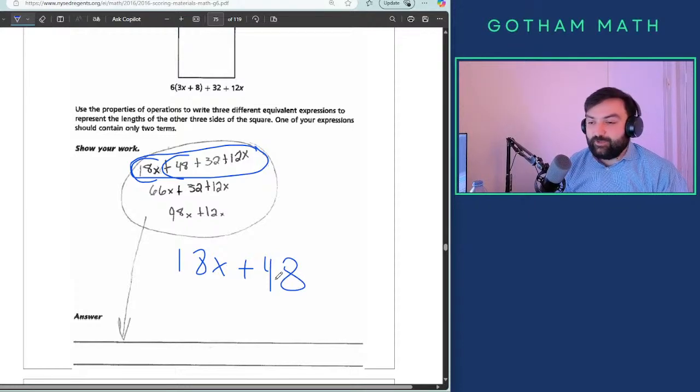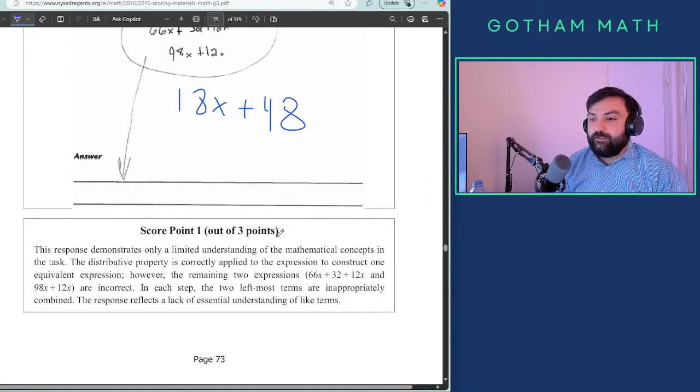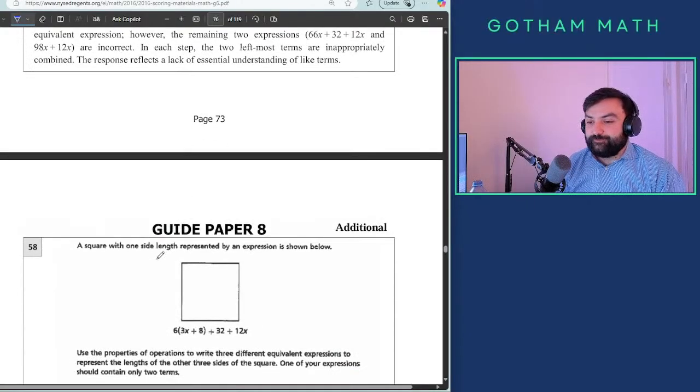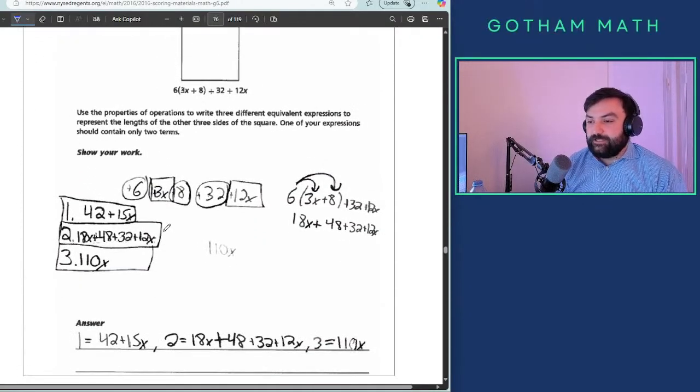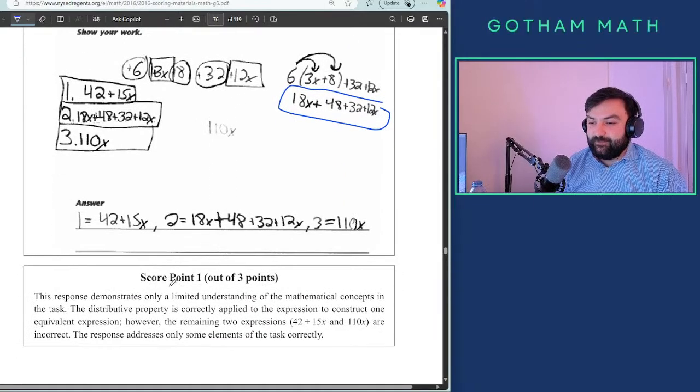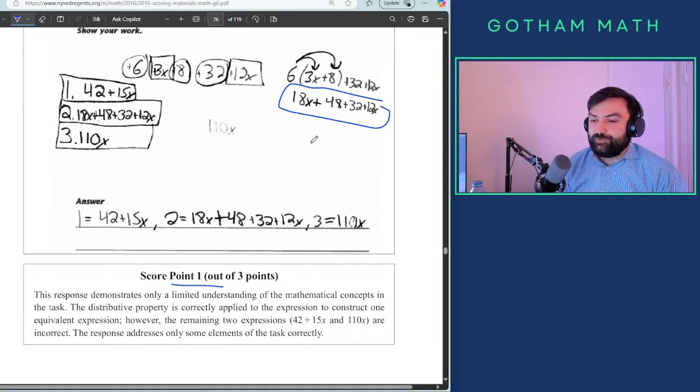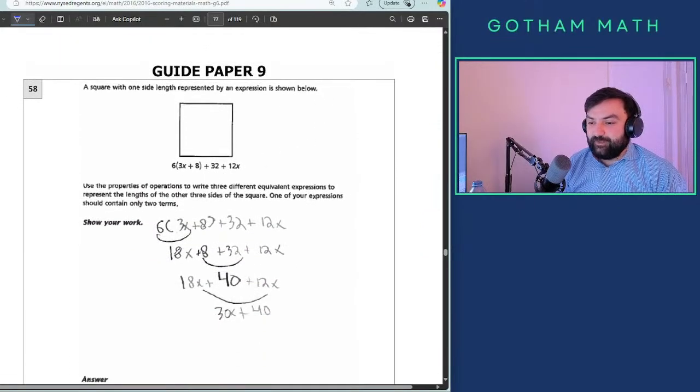You're not allowed to add unlike terms. Only x's with x's and regulars with regulars. All right, so 1 out of 3 for correct distribution. Everything else is incorrect. 1 out of 3 you get for the right distribution.